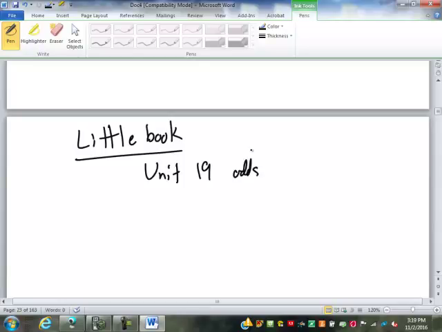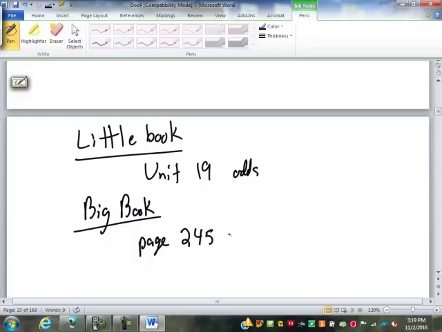In your big book, you are looking at pages 245 through 247. That's exercise 8-4, 1 through 9. Do the odds again on those.